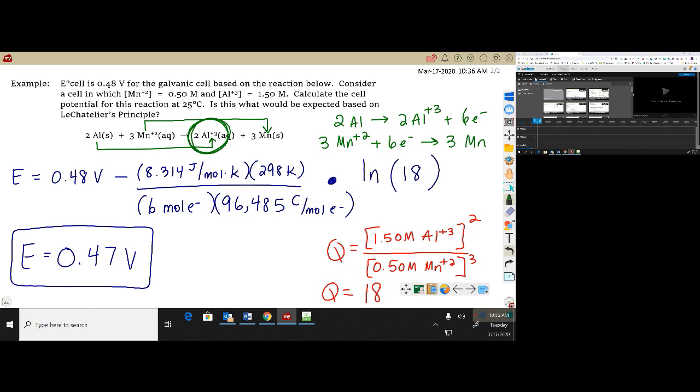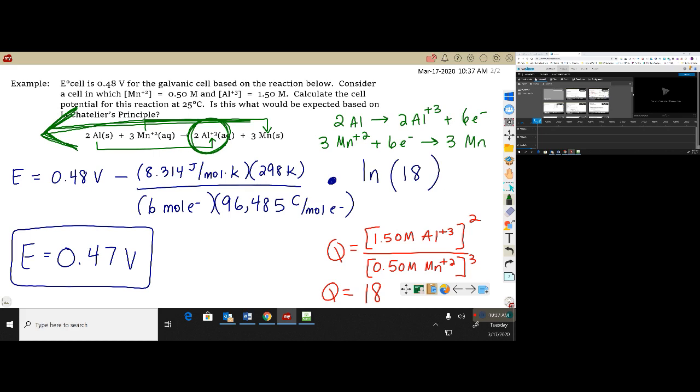I would expect this thing to shift in reverse. And if I'm shifting in reverse, then I'm going to decrease the cell potential. And that's the force that's pushing the electrons forward through the system. It's what's driving the reaction forward. And so if I do something to make this reaction go reverse, then that would decrease the cell potential.